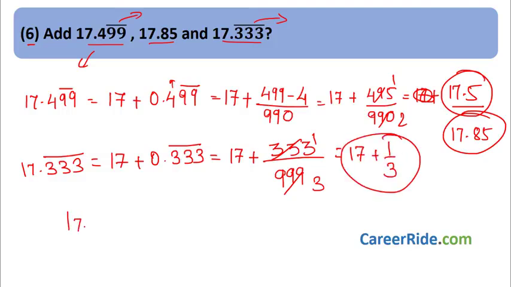Let us add, what will we get? 17.5 plus 17.85 plus 17 plus 1 by 3, right.